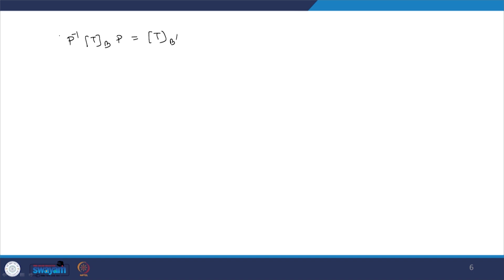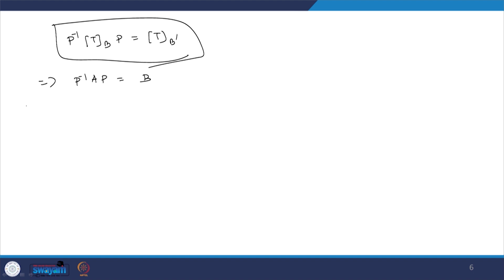So, this is the relation. This implies that if the matrix representation of the operator T related to the order basis B is given to us as, say, capital A, then P inverse A P equals this matrix B. I can conclude like this in terms of theorems.